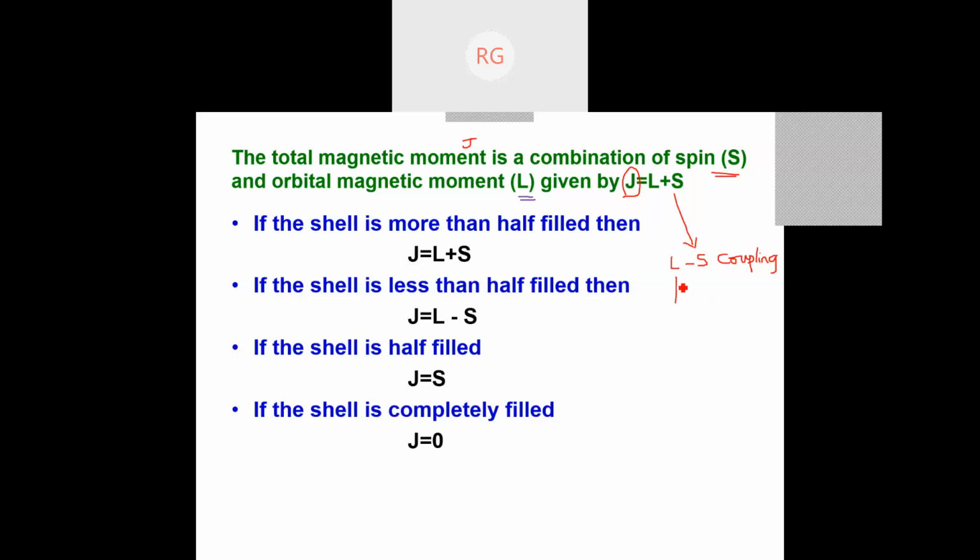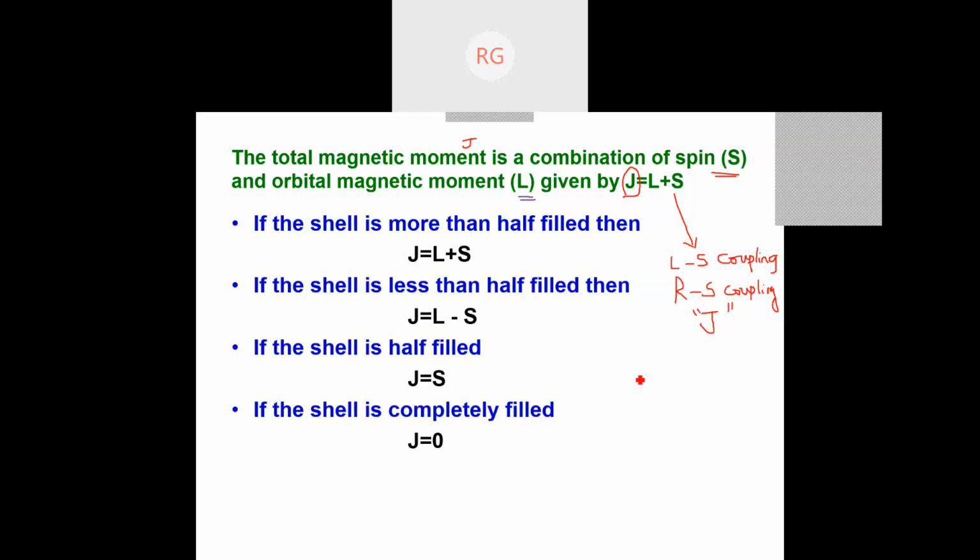And we have jj coupling also. So these coupling schemes explain how to get the total magnetic moment J, and depending on the J we can see what is the net effect of the magnetism.